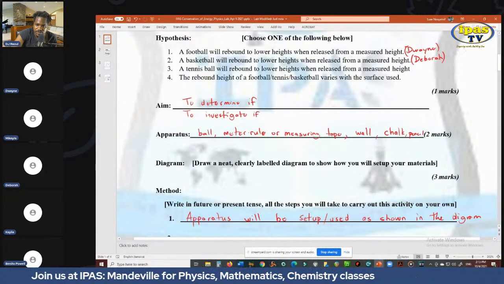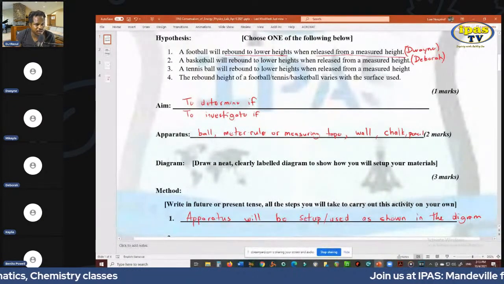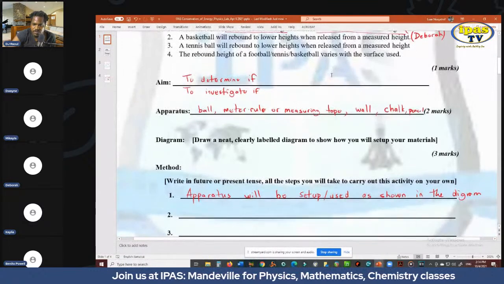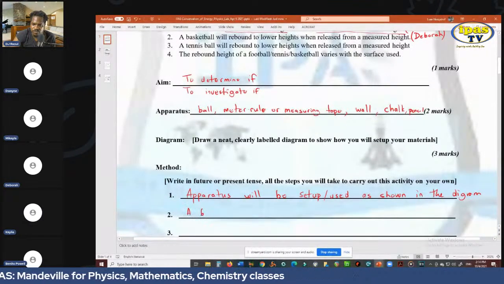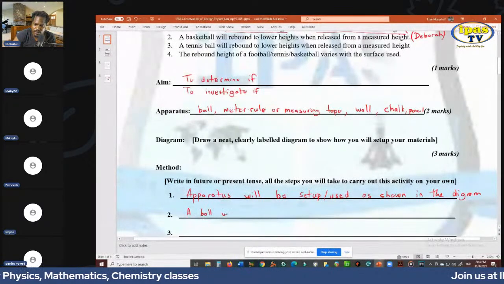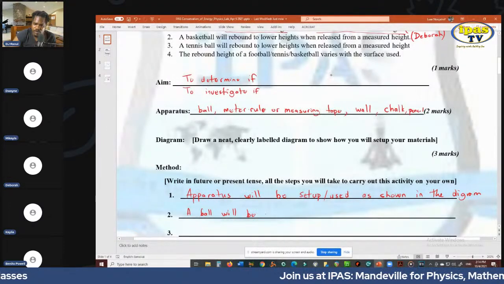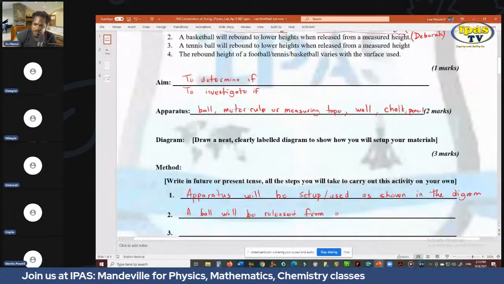So you're going to test the rebound, but the rebound is dependent on the release. So that's where your second step will be coming from. So easily you could see that a ball will be released from a measured height.